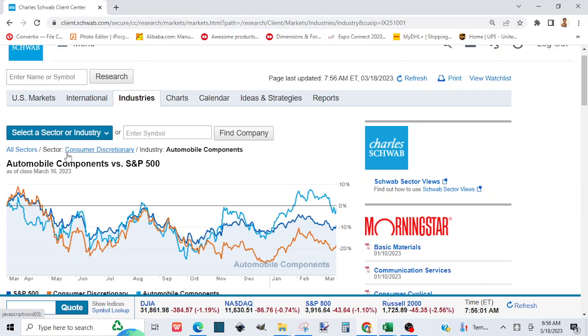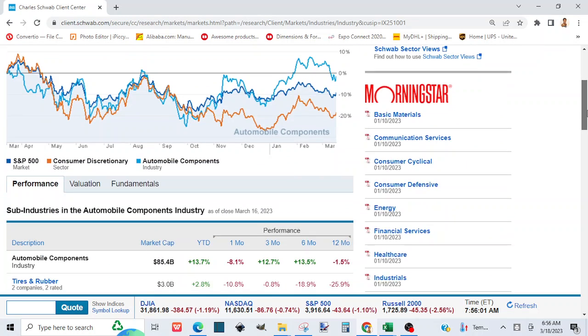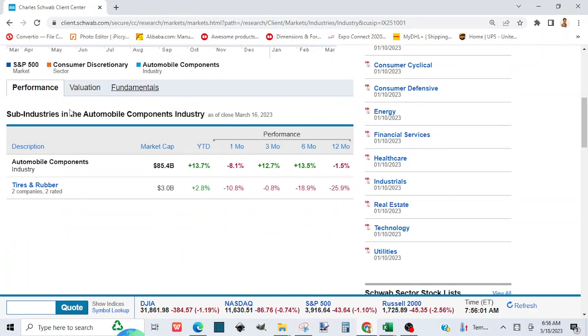So sector, consumer discretionary, automobile component for the industry. So in that industry, we have one sub-industry, and that's tires and rubbers.